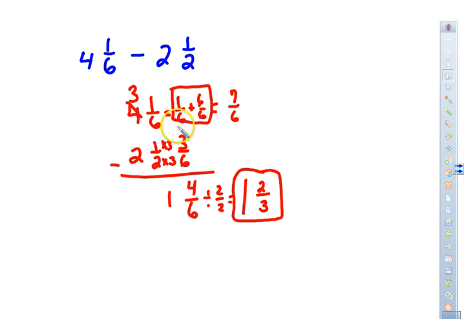Okay, this one again is a lot more involved because of the fact that you have to borrow because of the subtraction problem with the 1 being smaller than the 3 when we compare numerators. So again, please be very careful when you borrow that you're adding 6/6 or whatever. It's basically whatever the denominator is, and I know we talked about this intensely in class.